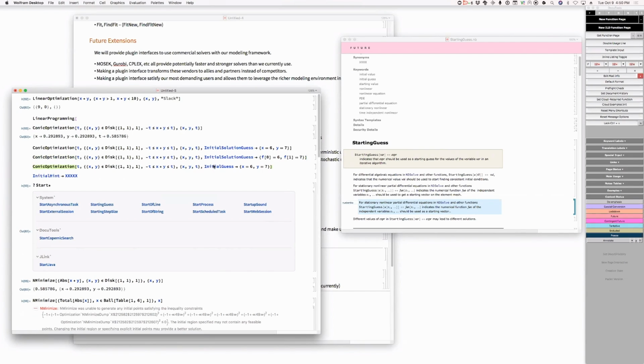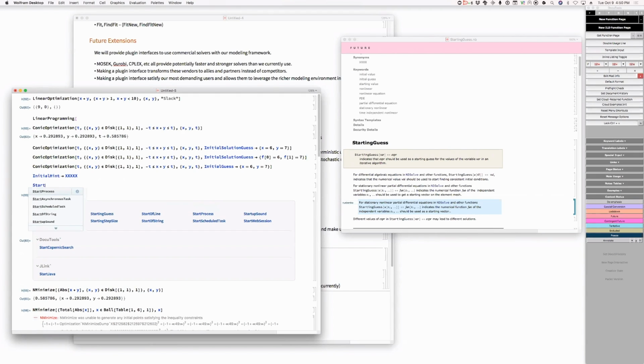And then his other objections are that other PDE solvers use things like start vector, initial value. I don't care. I'm beginning to admit that starting guess as an option may be our least horrible alternative.